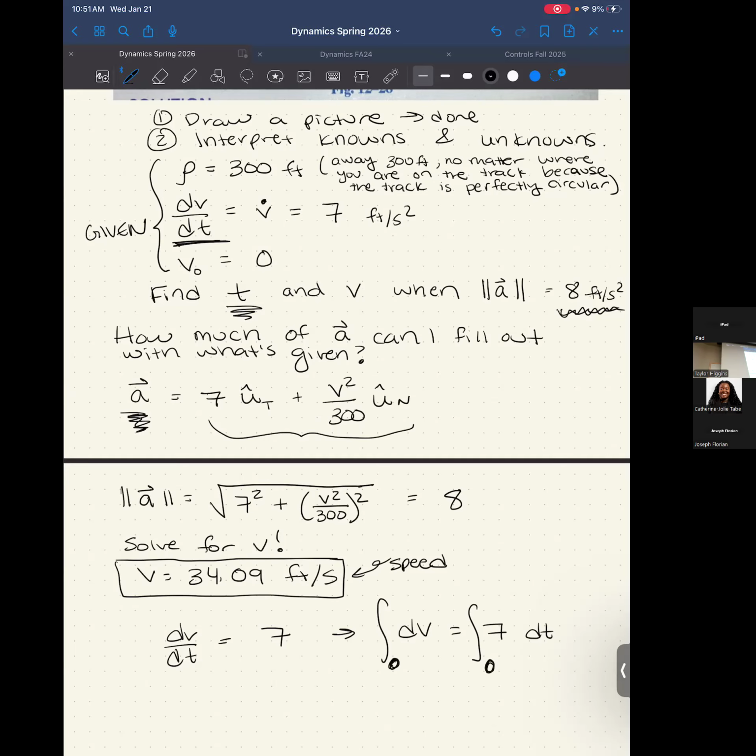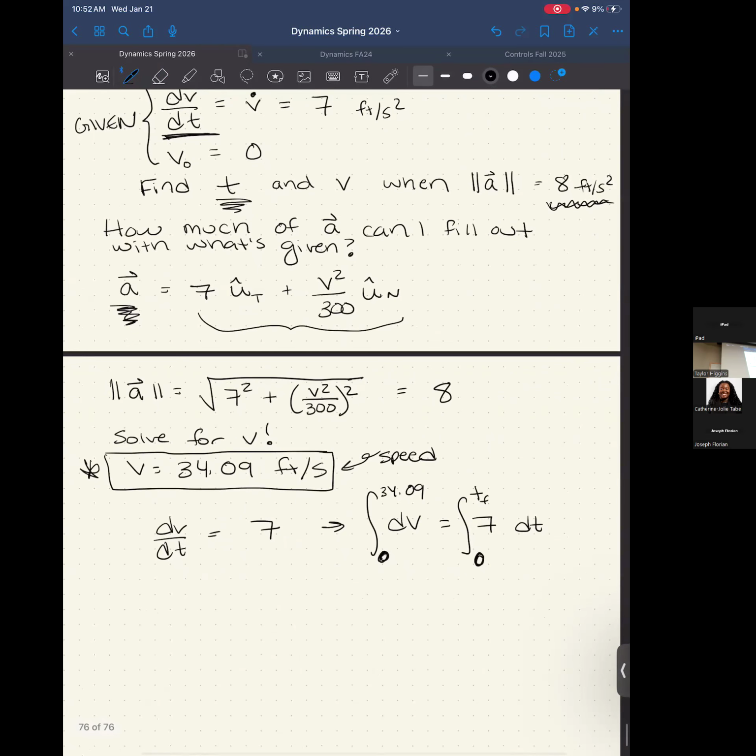Okay, so I'm going to start out at time equals 0. And then I know that at some point in time, speed becomes what I just found, 34.09. And the whole point of doing this is that I need to find out what time that happens at. So t final is what I'm looking for.